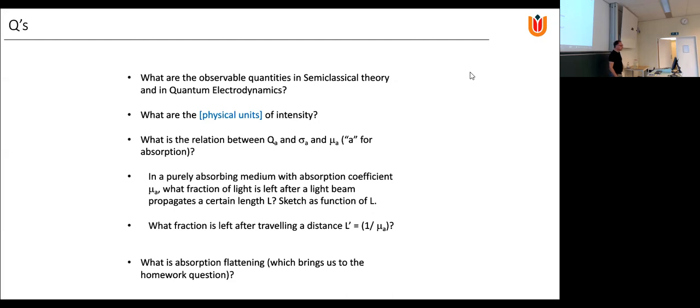I guess you answered the second question: what is the relation between the efficiency and cross section? So what is the efficiency? The efficiency was the effective absorption per area.